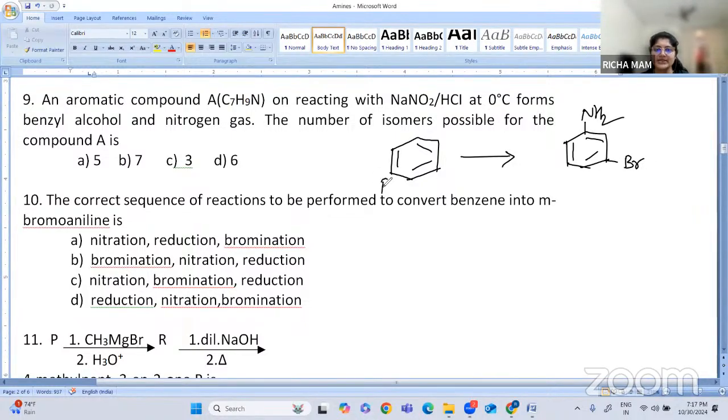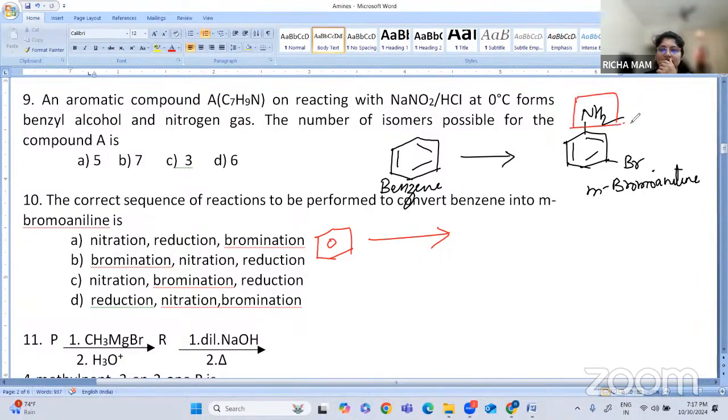So from benzene to metabromoaniline, what are the steps? First take benzene. First I want the aniline group, right?